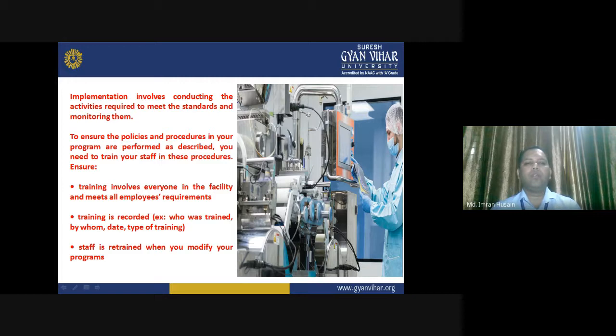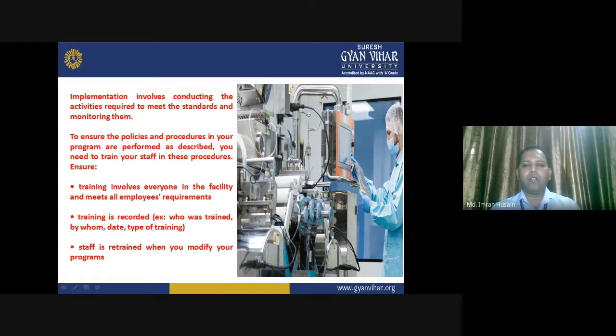To ensure the policies and procedures in your program are performed as described, you need to train your staff in these procedures. So each and every individual should be properly trained, and he or she should be properly made aware of the things that they are doing.